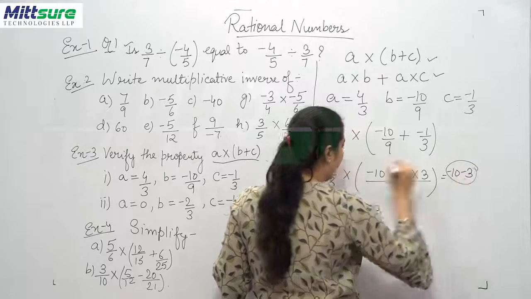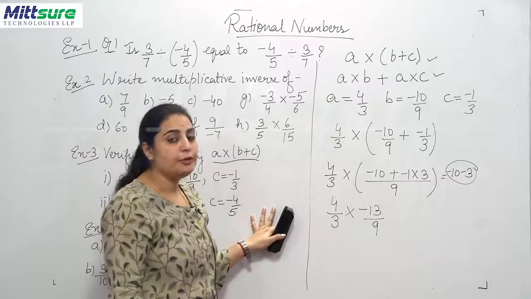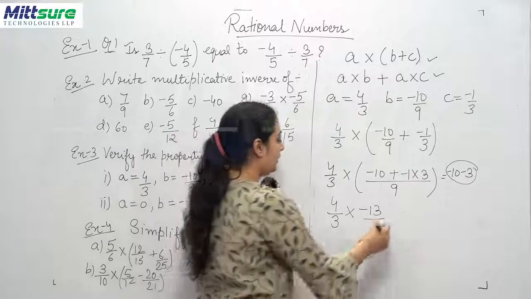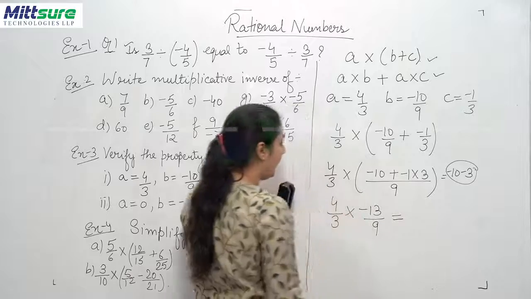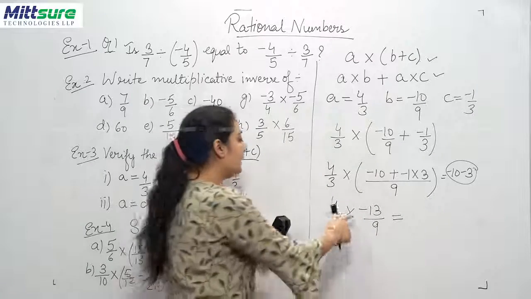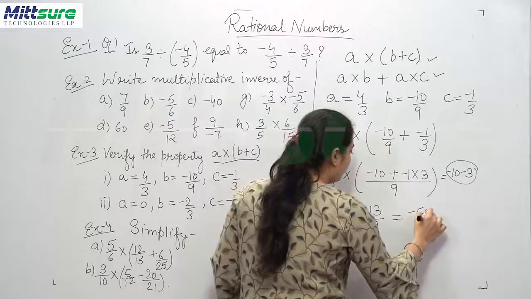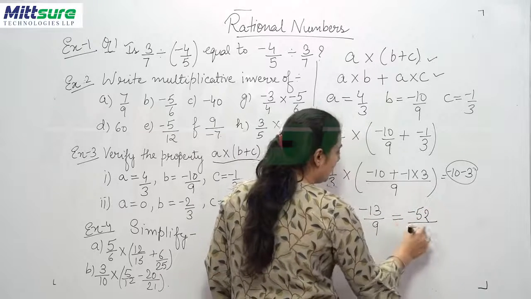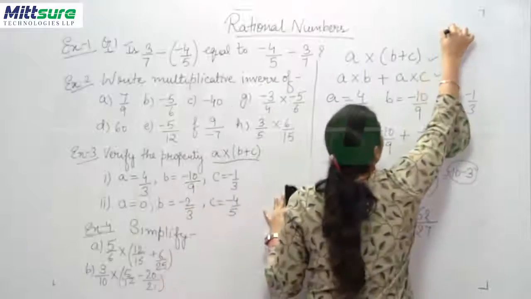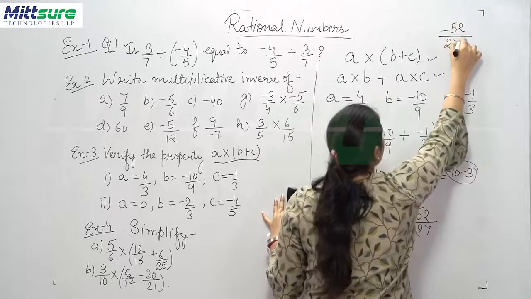When these both are added, you are going to get minus 13. Now let's solve. Here we cannot cut any of these numbers, so we will simply multiply. So minus 13 into 4 gives you minus 52. 9 into 3 gives you 27. So we will note down the result of the first condition here, minus 52 upon 27.